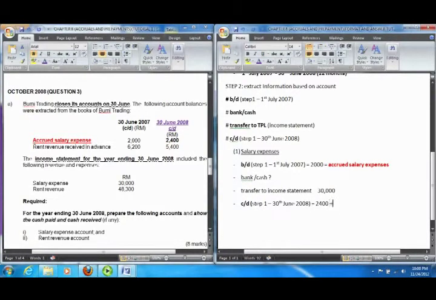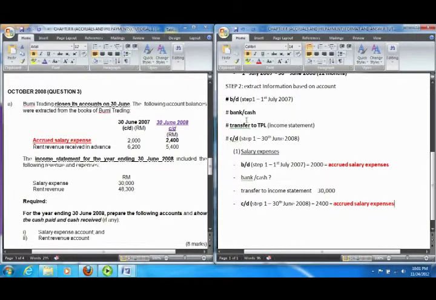Alright, class, can I know based on the question, in the situation of what? Accrued or prepaid? Yes, 30th June CD 2,400. It is accrued salary expenses. Accrued salary expenses.